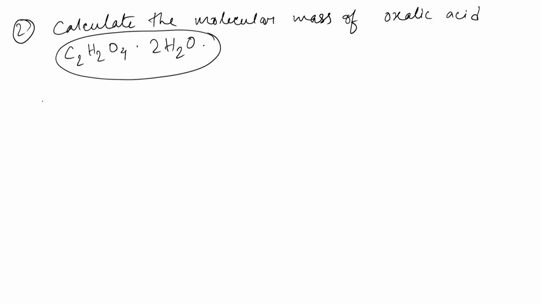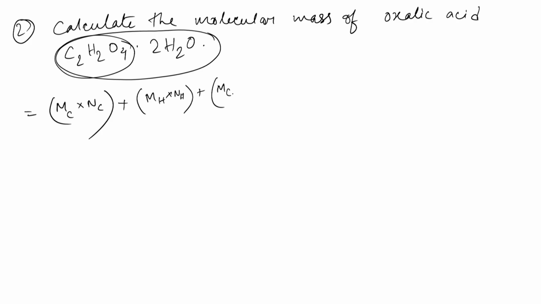So, let's start. So, what we'll have to do? We will have to add all these masses. So, first of all, if we take this unit, then mass of carbon into the number of carbon, plus mass of hydrogen into the number of hydrogen, plus mass of oxygen into the number of oxygen plus, now there are 2 molecules of H2O.